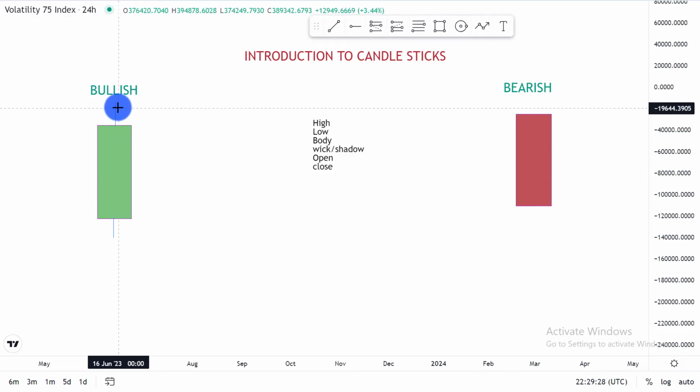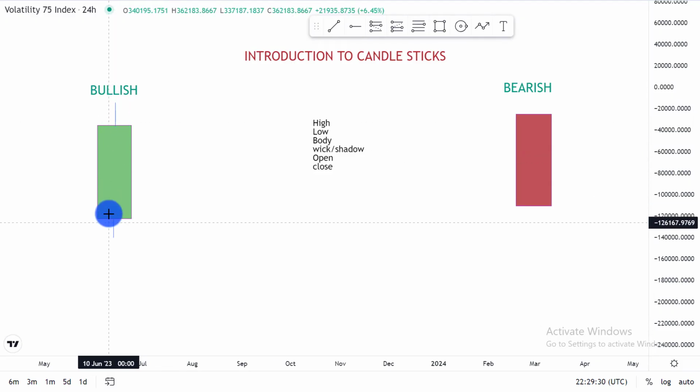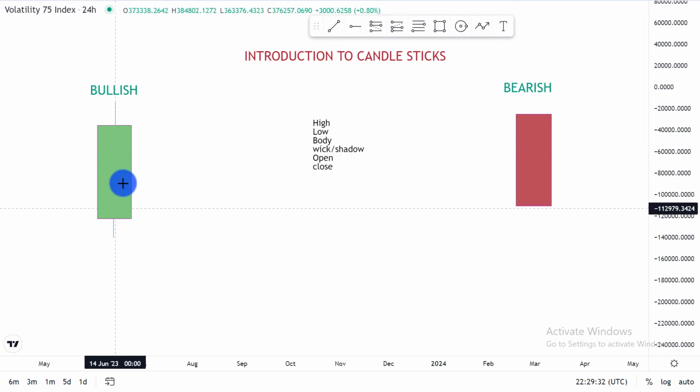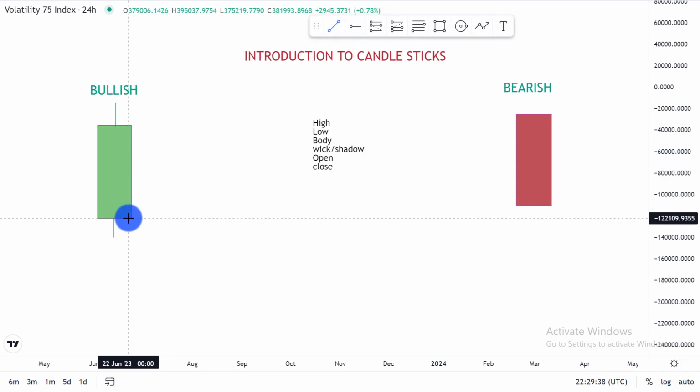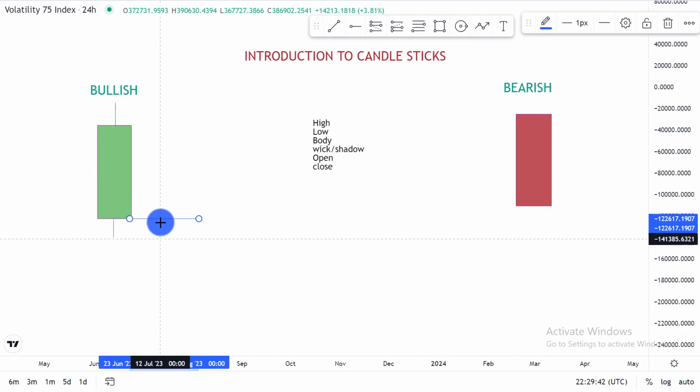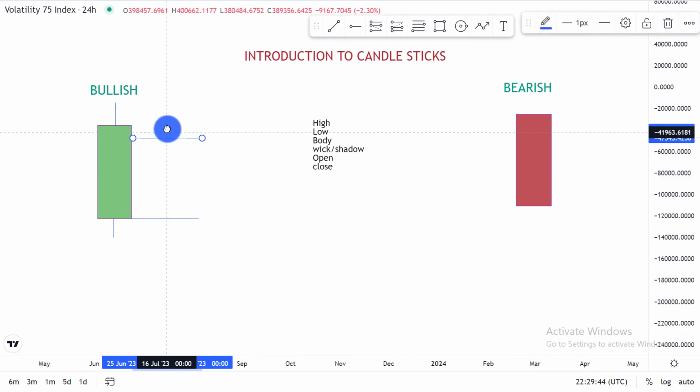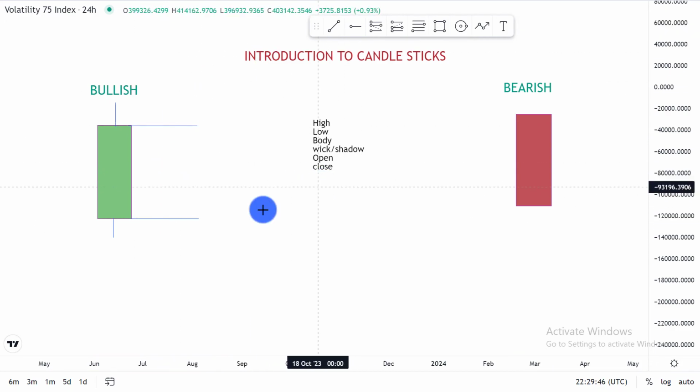The high of that wick is called the high of the candle. The low of that wick is called the low of the candle. This is the body of the candle. When the candle opening is lower, as seen here, so we'll say that this is the candle open, this is the candle close, then what we have here is a bullish candle.